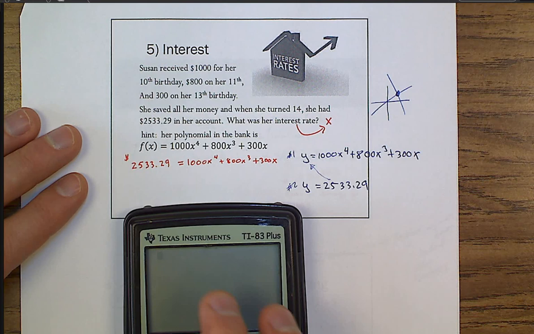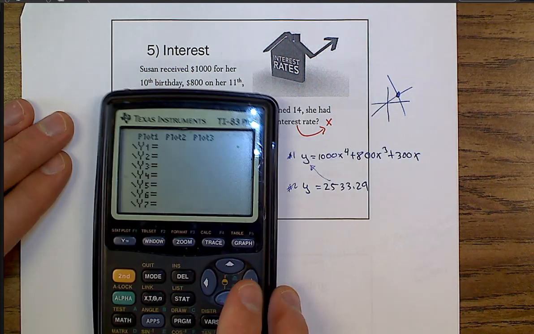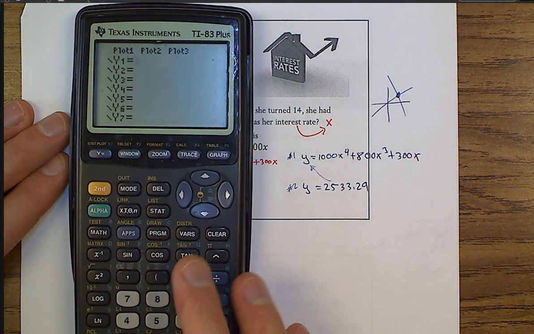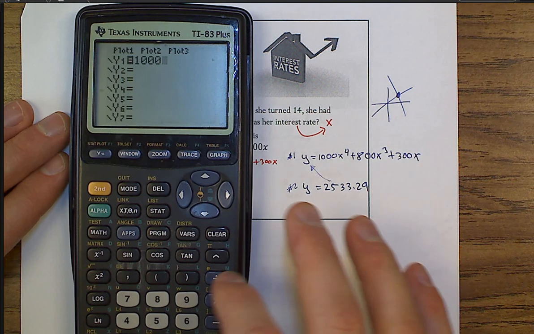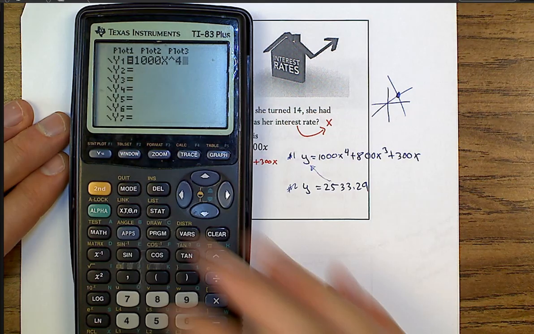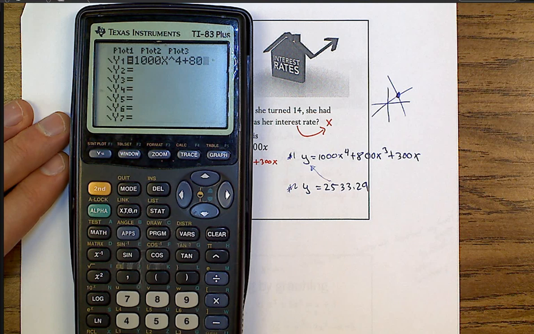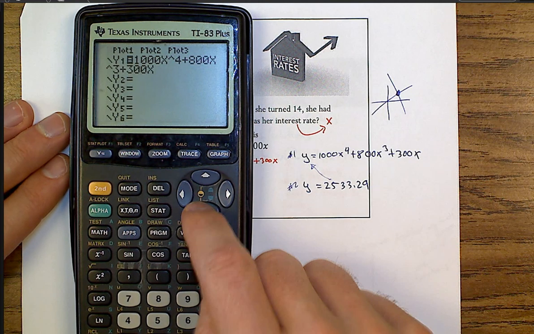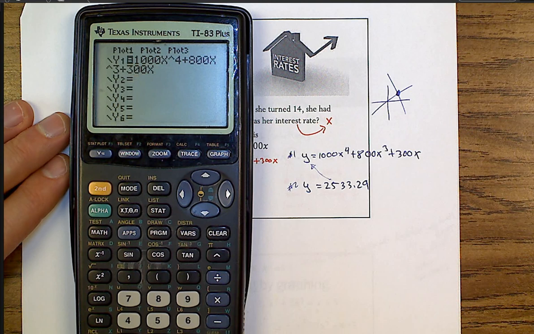So I'm going to go to y equals, and I'm going to type in the first equation, which is 1,000x to the fourth plus 800x to the third plus 300x. My second equation, so I'm going to go down arrow, was my 2533.29. And I'm going to hit graph.